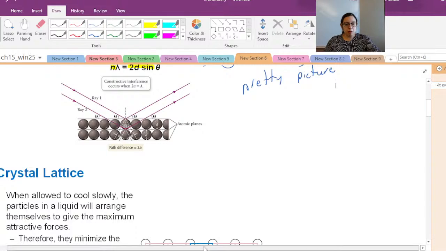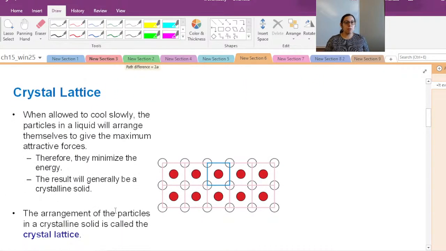What we want to focus on is the general patterns. We've talked about this before in terms of ionic compounds, especially when allowed to cool slowly. For example, you can get certain enzymes to crystallize, like carbon monoxide dehydrogenase. Eventually somebody had to crystallize that enzyme out to figure out the active site.